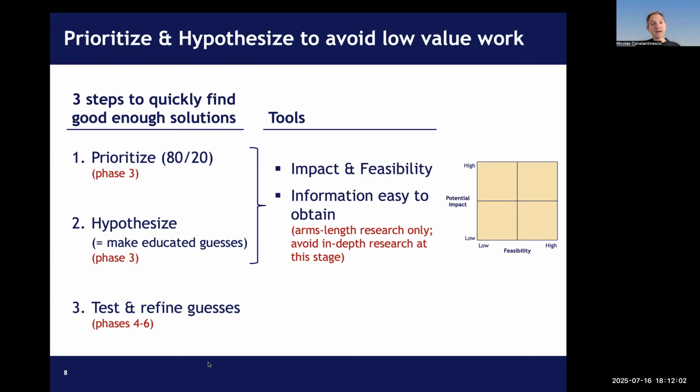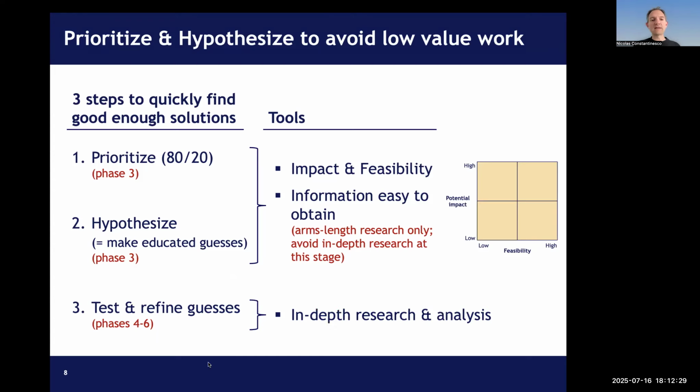And then when we come up with hypotheses, you can come up with them either by doing an analytical breakdown of the question or brainstorming. But in the end, the hypotheses that survive should be filtered using impact and feasibility, and then using information that is readily available to you.